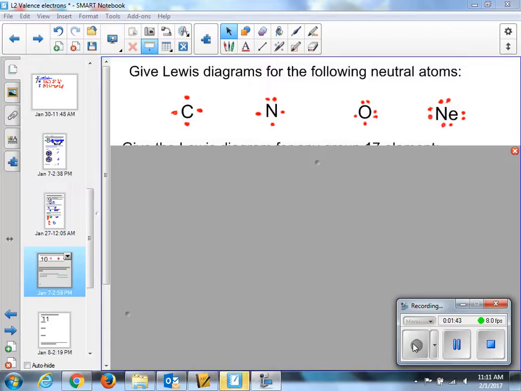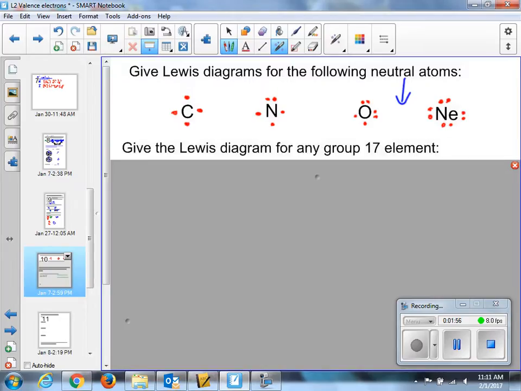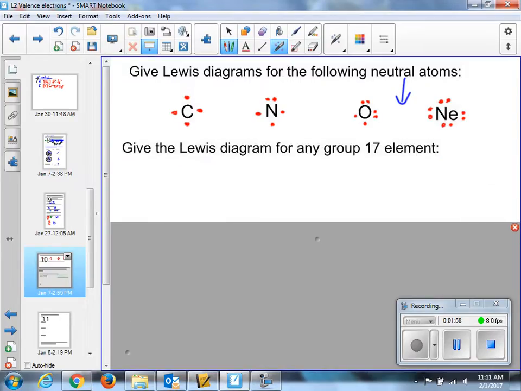Now question, I left out fluorine. I went C, N, O, skipped F, and went to neon. But if I did fluorine, it would have been right in between here. It would have been 7 valence electrons. Now here's my question. Any group 17 element, whether it's fluorine, chlorine, bromine, or an iodine atom, how many valence electrons? 7.